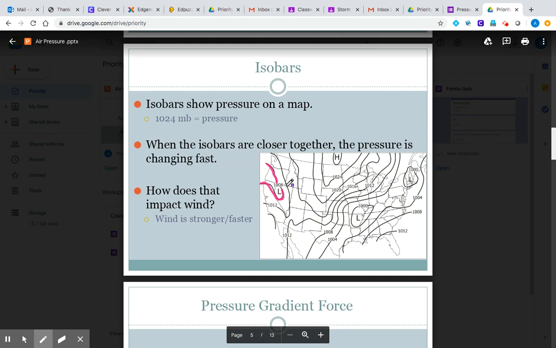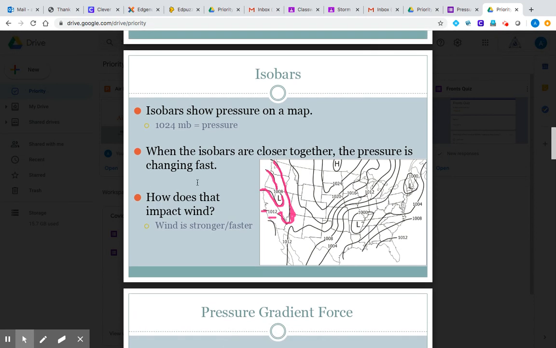This number is telling us that this whole line represents 1008 millibars of pressure. This line just next to that one is 1012 millibars of pressure. So they tell us exactly what's happening with the pressure.